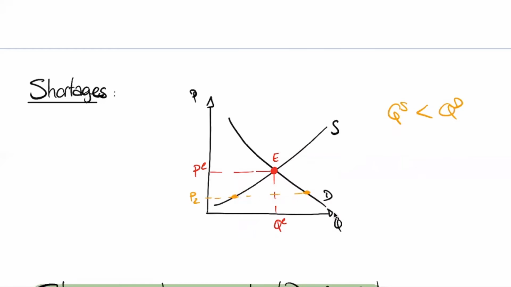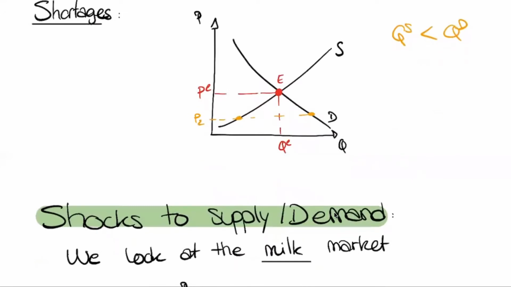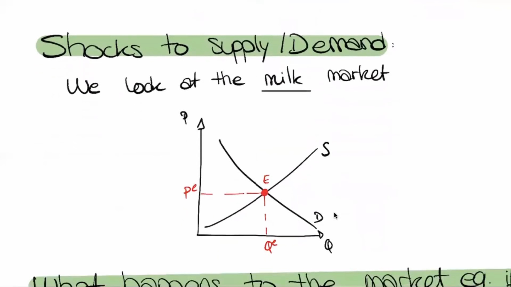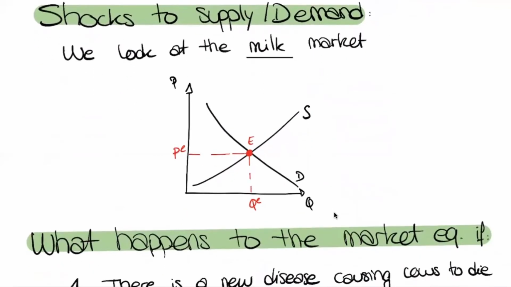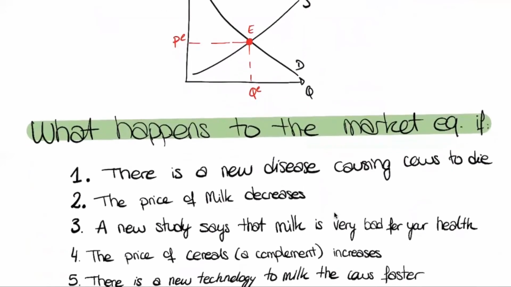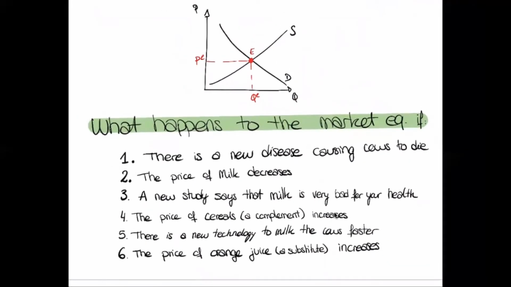All right. Today we're going to study what happens to the market equilibrium, the supply, and the demand when there are some shocks. We will look specifically at the milk market with some practical examples. We are asking ourselves what happens to the market equilibrium if... and we have 6 questions.